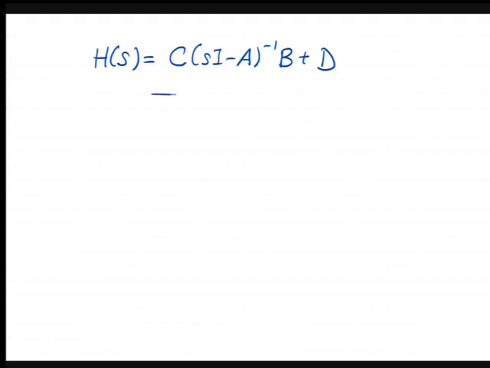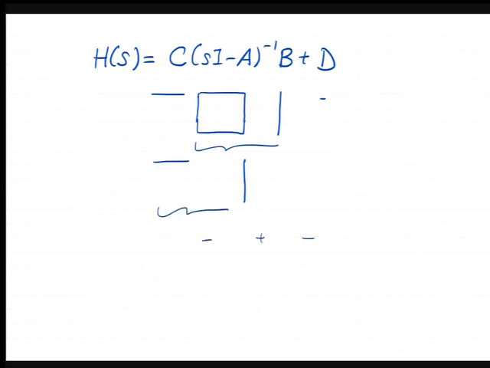C is a row, sI minus A is a square matrix, B is a column, D is just a scalar. So when I multiply these two, I get a column, multiply it with the row, I get a scalar, plus another scalar. So it's a scalar. Okay?